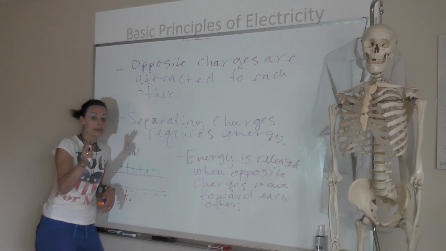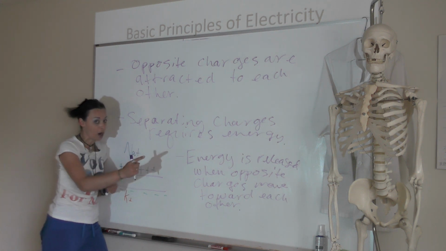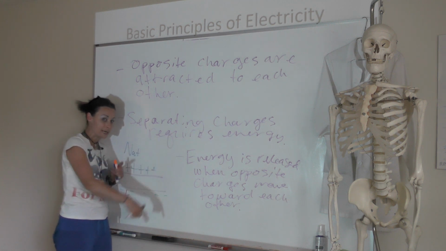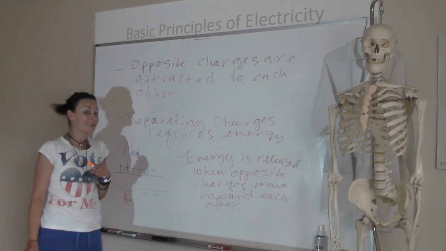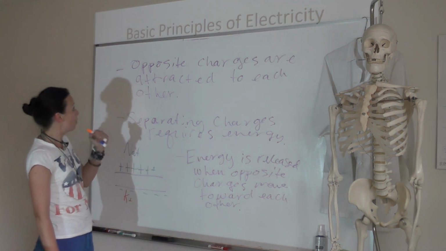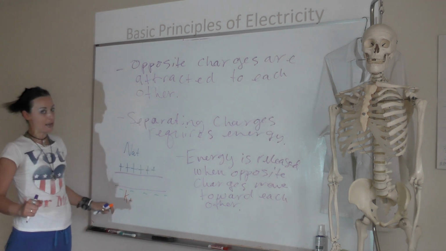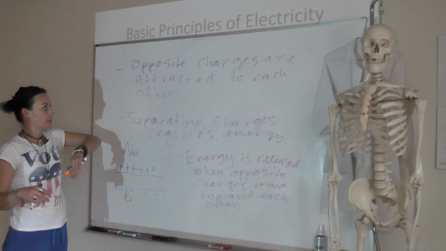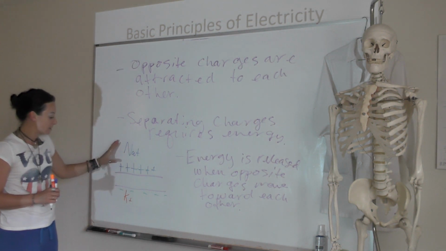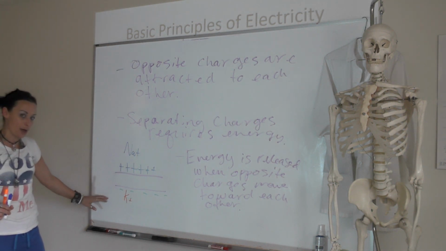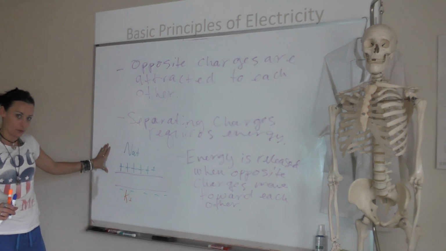Yesterday we said current is the flow of ions. That's a charge. We're moving these charges and it's flowing down this neuron so that we can conduct an electrical potential. That is so cool. I love it. And I just wanted to make sure that we're all on the same page about these basic principles of electricity and how they're going to guide the movement of these two ions in an action potential.